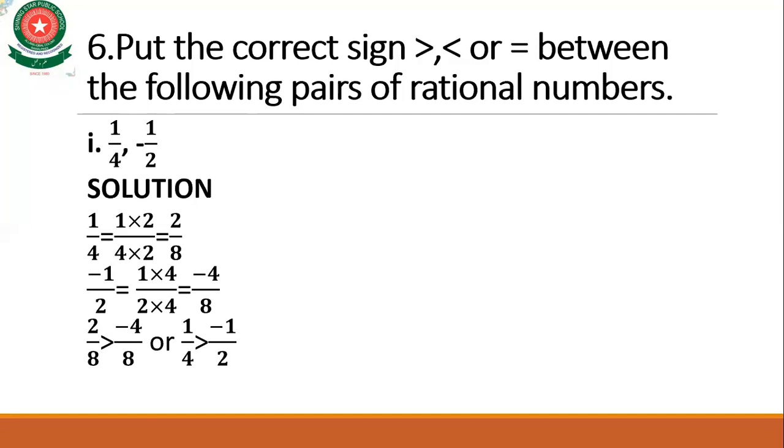Now we have to compare 2 by 8 and minus 4 by 8. When we compare, we know that 2 by 8 is greater than minus 4 by 8, or we may say that 1 by 4 is greater than minus 1 by 2.